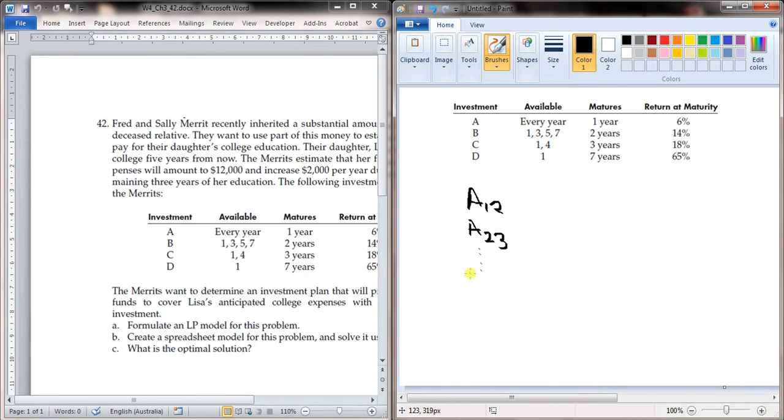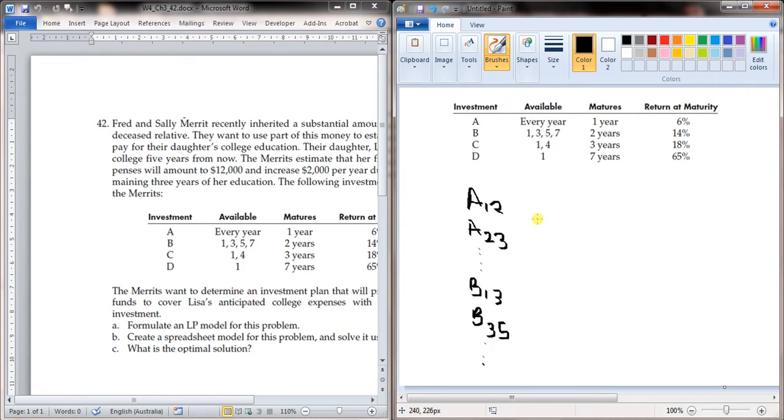Similarly, for B it would be B invested in 1, first matures in 2 years, so we get the return in 3. Then B can be again reinvested in year 3 and matures in 2 years, that is 5.